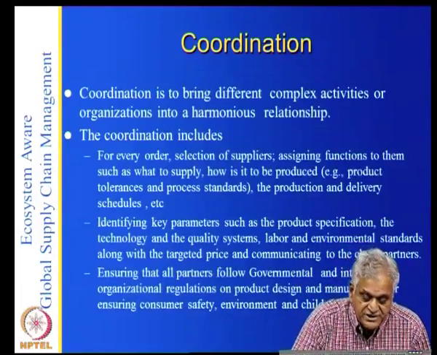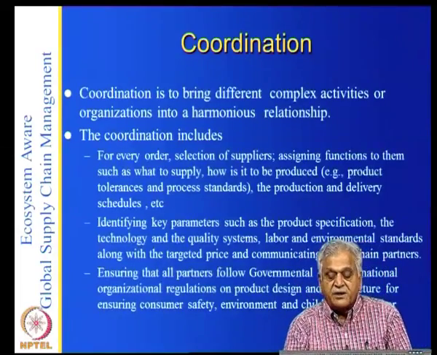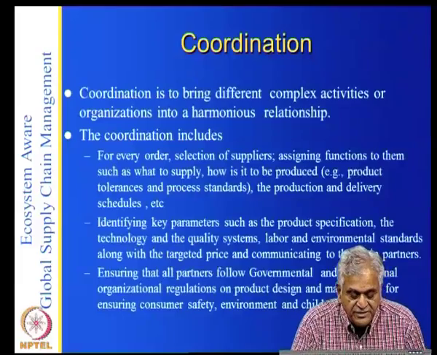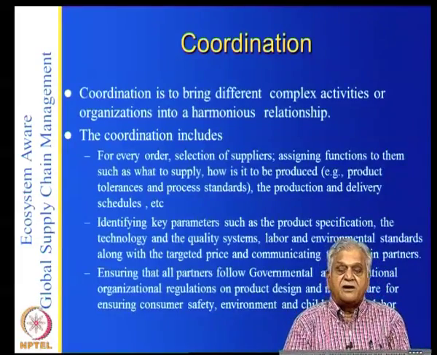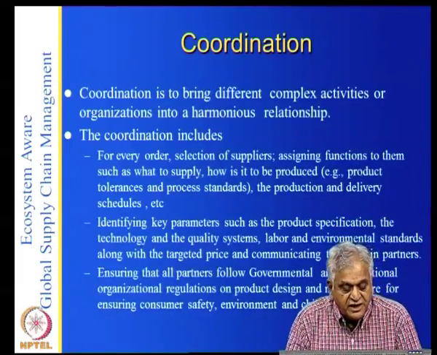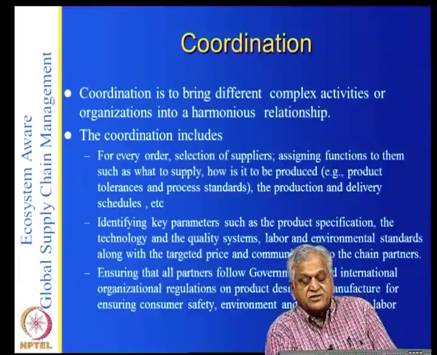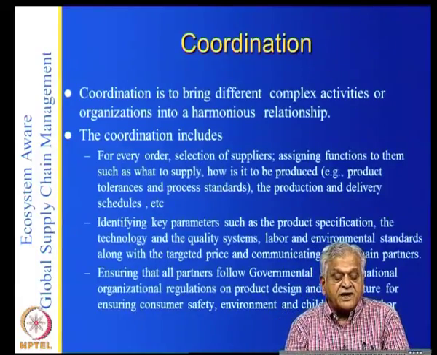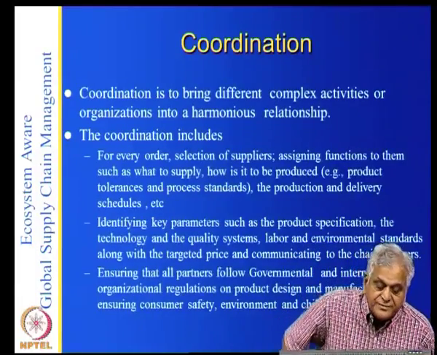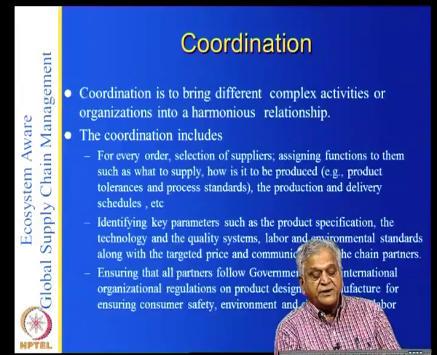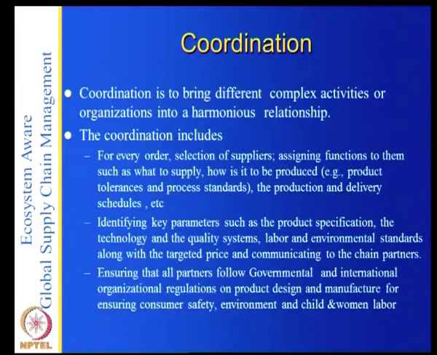So, coordination is, for every order, select the suppliers, assign functions to them, such as what to supply, how it is to be produced, and product tolerances, standards, etc., and the production and delivery schedules. And identifying key parameters such as the product specification, the technology and quality systems, labor, environmental standards along with targeted price, and communicating them to the chain partners.